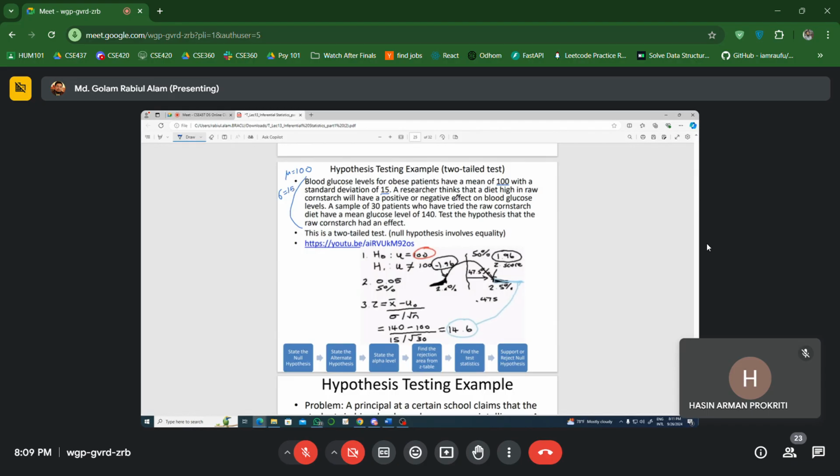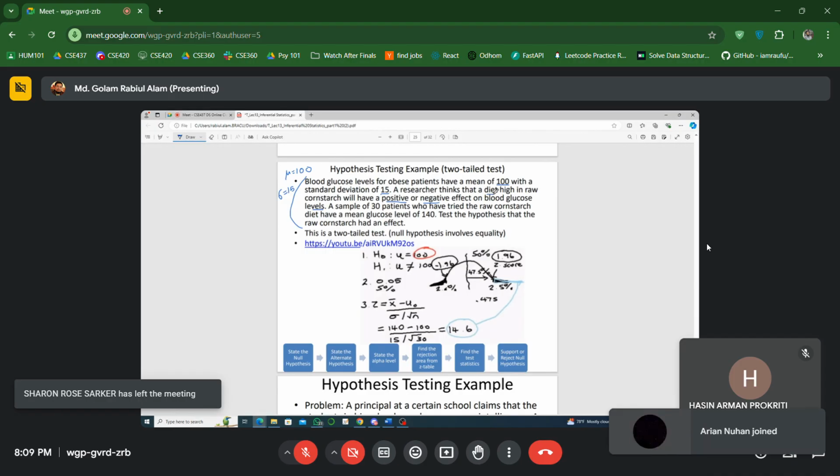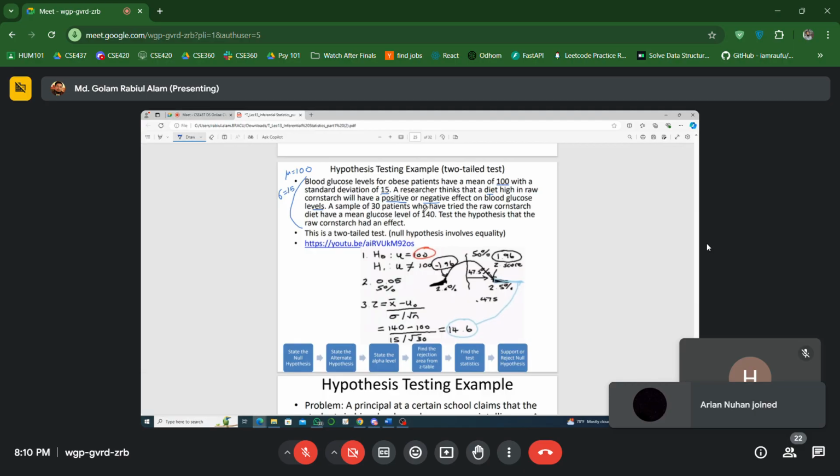Now a researcher thinks that a diet high in raw corn stress will have a positive or negative effect on blood glucose levels. That means if any patient consumes raw corn stress, their glucose level will be more than 100 or less than 100.